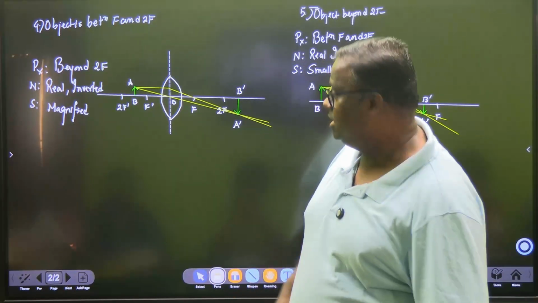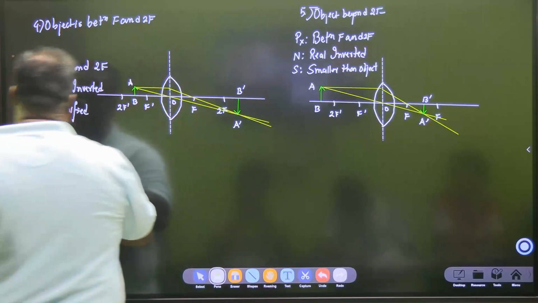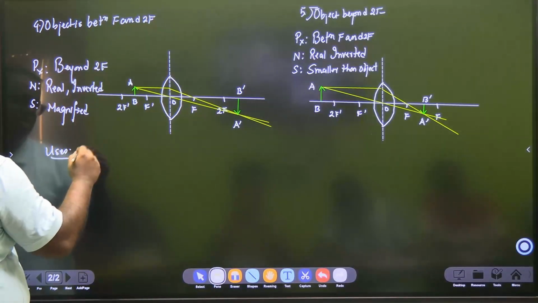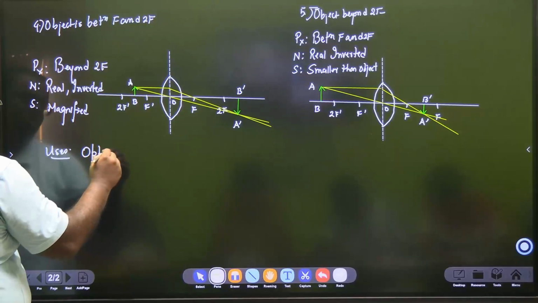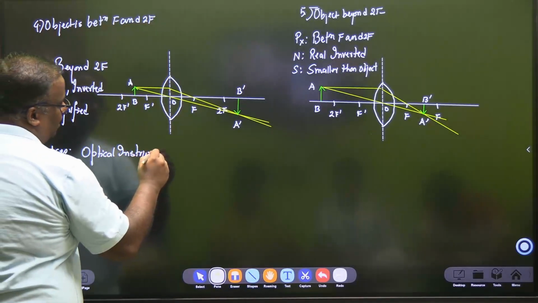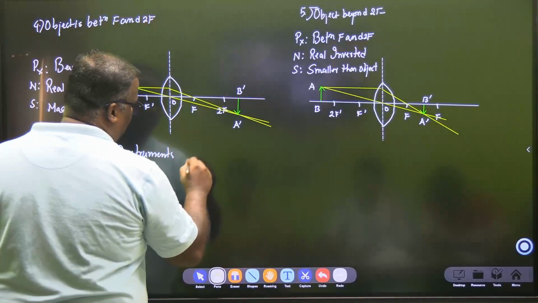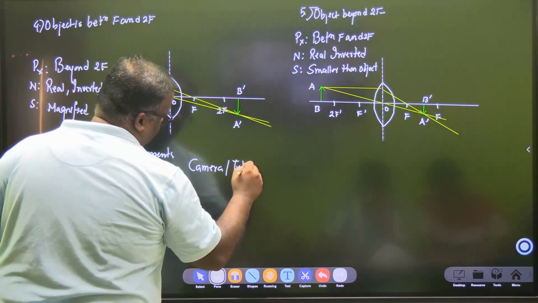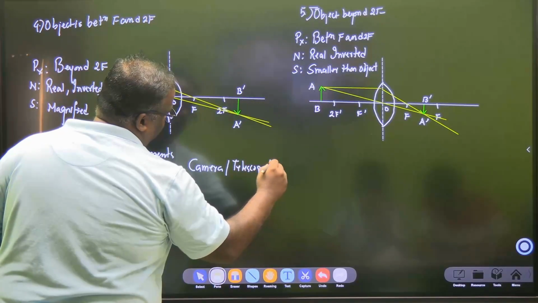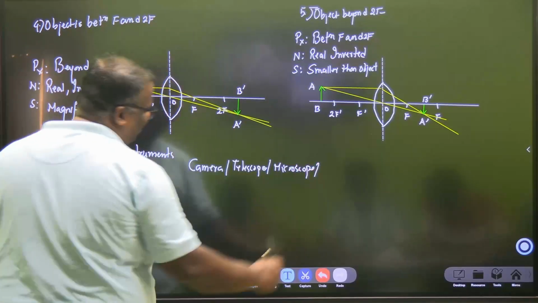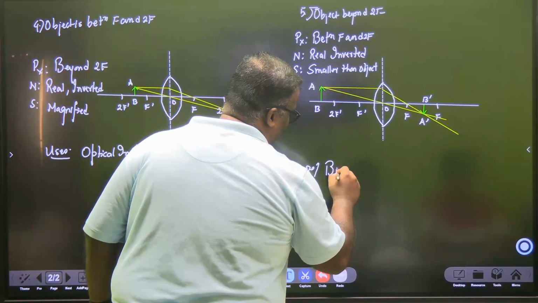So let's write a little. Uses. Uses of such lenses are usually seen in optical instruments. And these optical instruments can be, number one, camera, telescope, microscope, binoculars, whatever you wish here, keep writing.